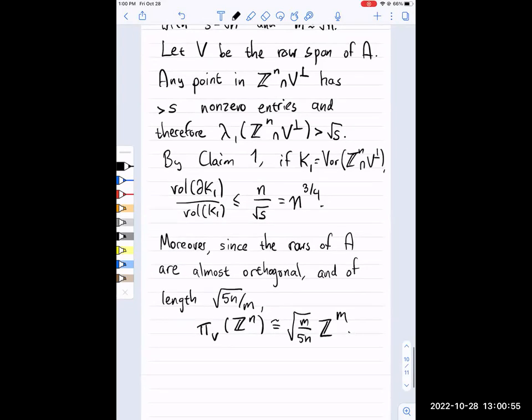So we're getting a very simple picture if you project everything on the subspace V. Orthogonally, there are no short vectors, everything is good. But in the subspace V, if I look at the cosets, it's a relatively nice configuration. It looks basically like Z^m. Remember, m is small, m is like square root n. And now we can just lift like we did before. Before we had to lift with an interval, now we can lift with a cube.